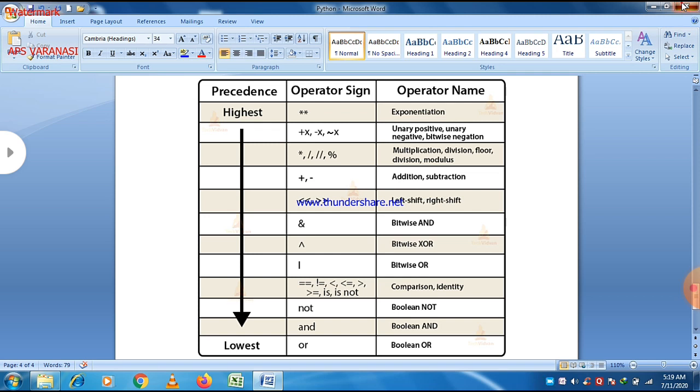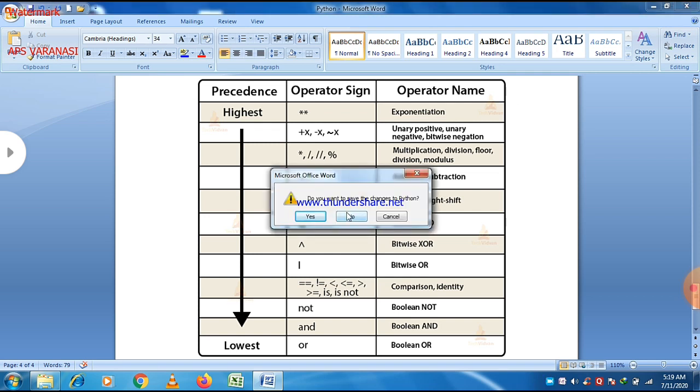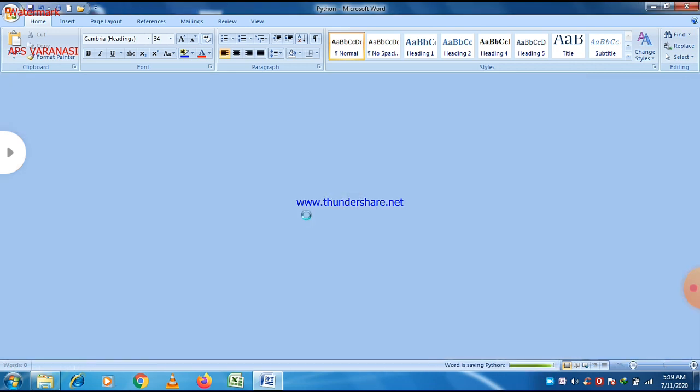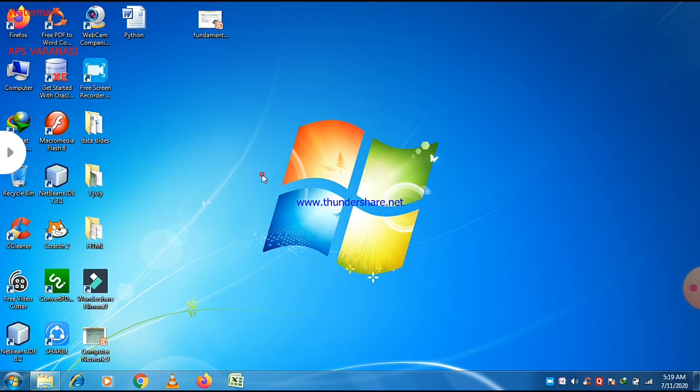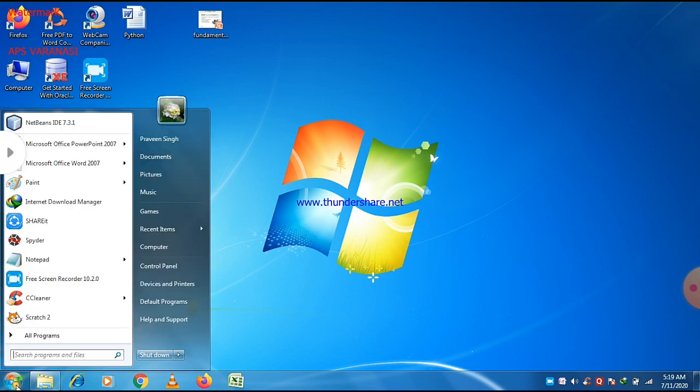So first exponent, then unary operators, then multiplication and division, and then plus and minus. Arithmetic operators have greater precedence than comparison and logical operators.